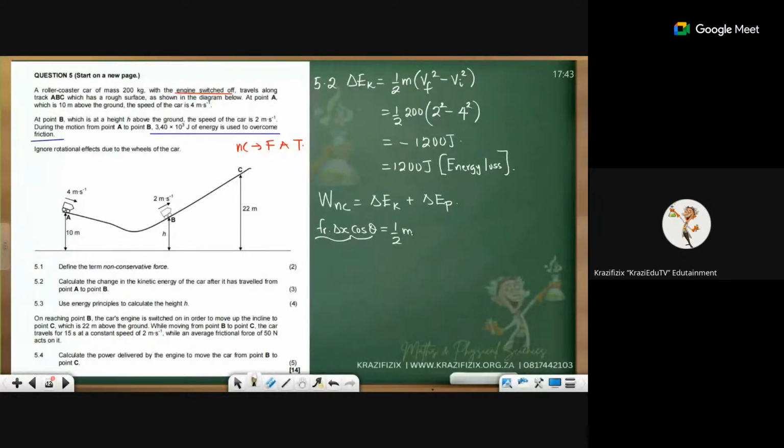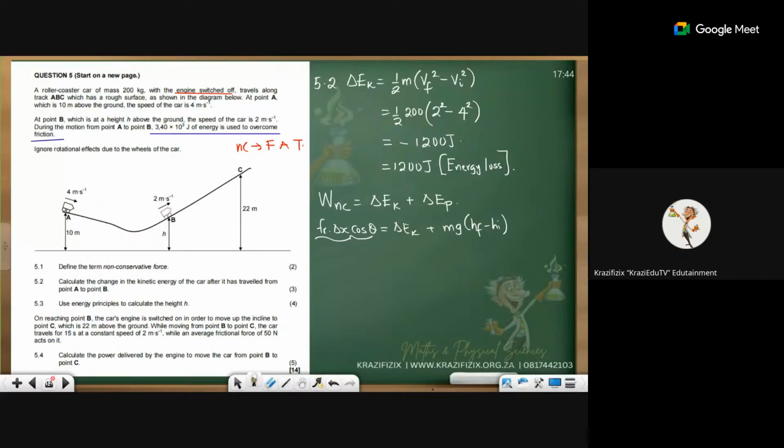Oh, don't I know this already, right? Lovely. What is missing? mg h final minus h initial. Now, what is the work done by kinetic energy? Good. If you don't put the negative, that's where you've got to throw in, because work done to overcome energy is always a negative work done.